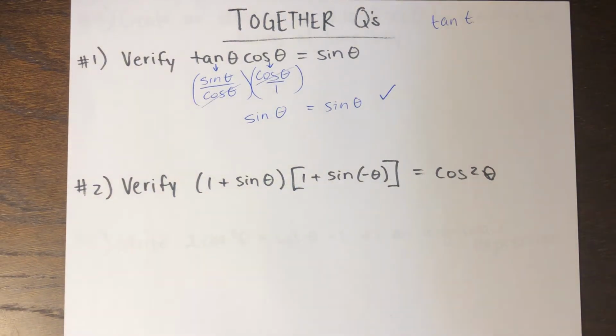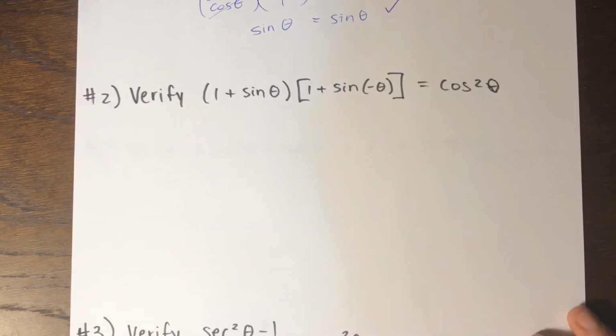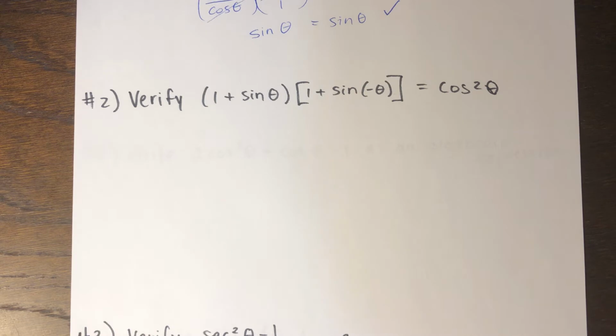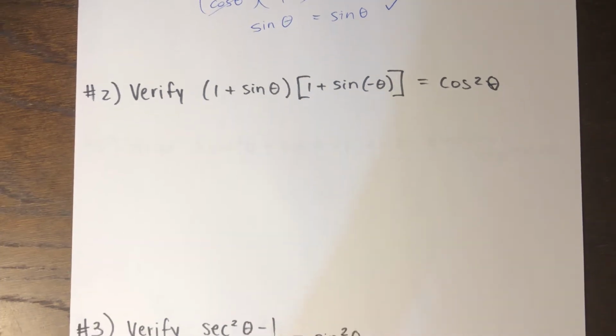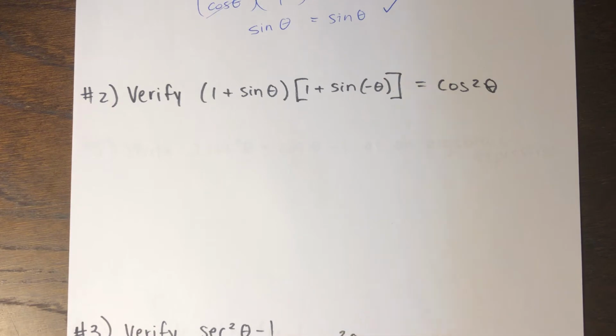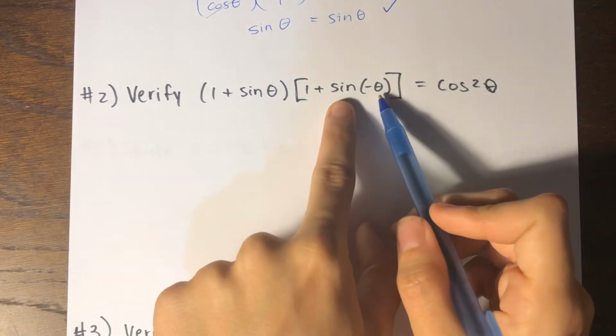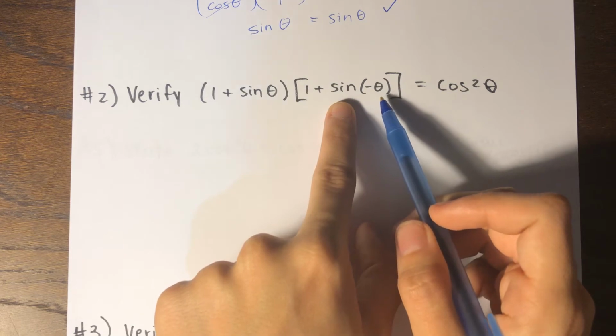The next one, we need to verify that 1 plus sine theta times 1 plus sine of negative theta is equal to cosine squared of theta. So the first thing we need to know is one of our even and odd identities.